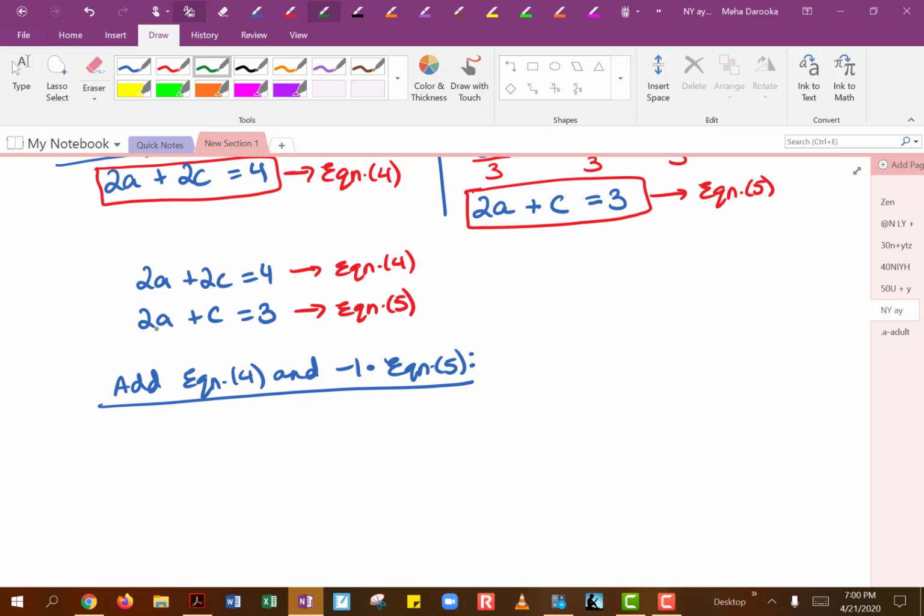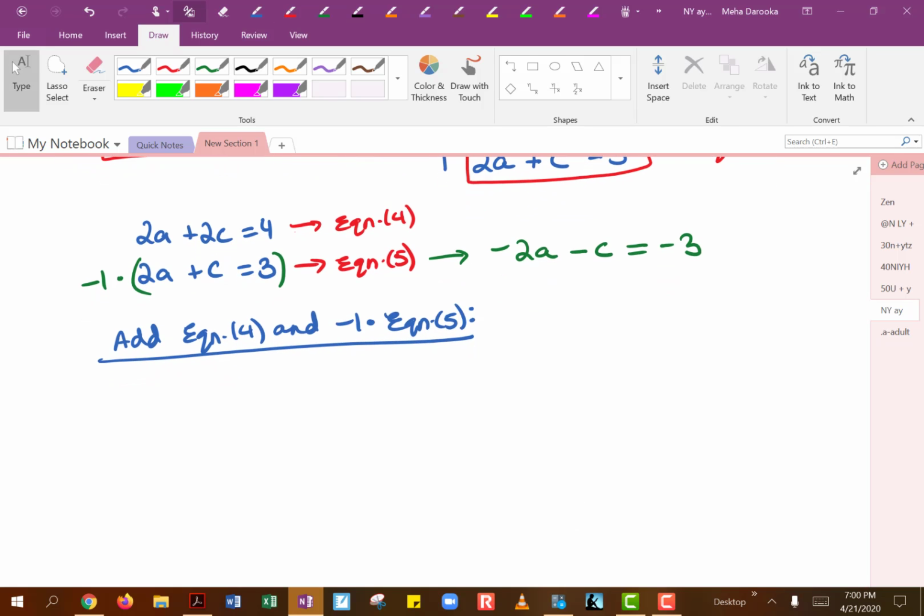Okay, so we are going to take equation 5 and multiply it by -1. So this will end up giving us negative 2a negative c equals -3.